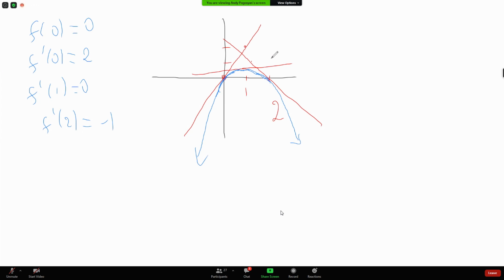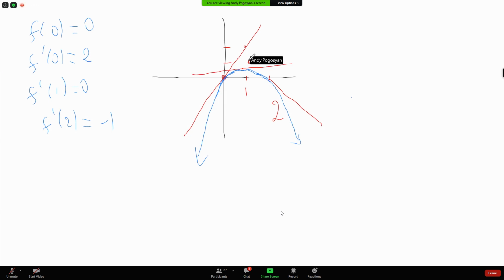Professor, I didn't understand how we got the second tangent line that lies on 2. It says f prime at 2 is -1, right? How do you find the line with the slope -1? One to the left, one up. So the point should be somewhere here. So the point is here.